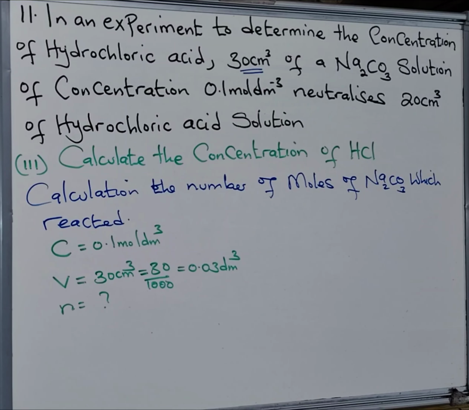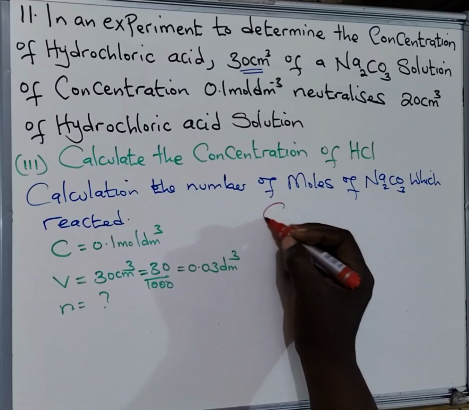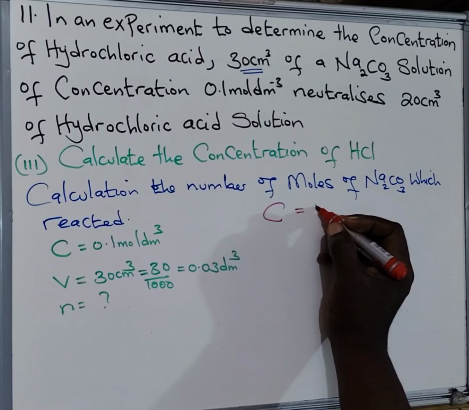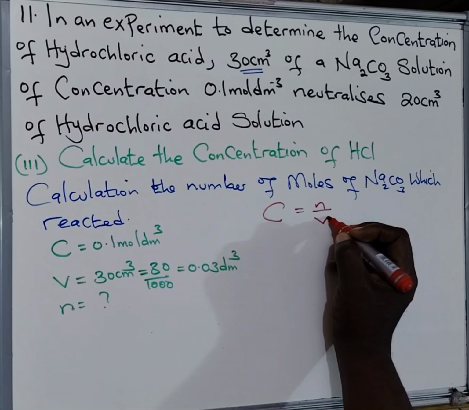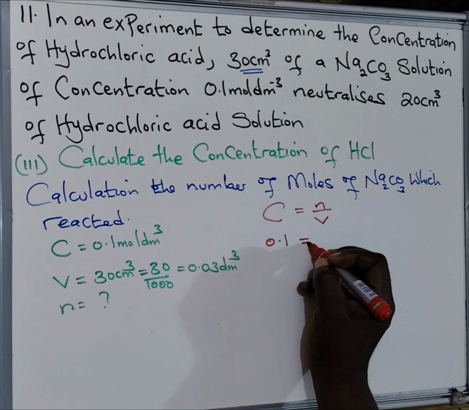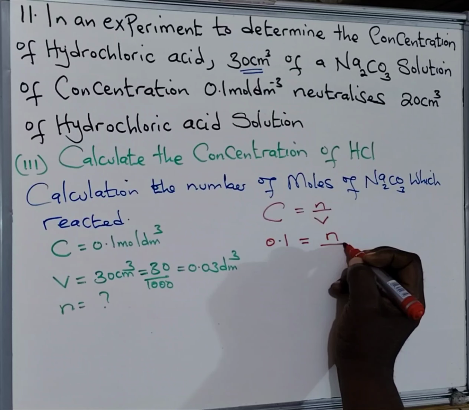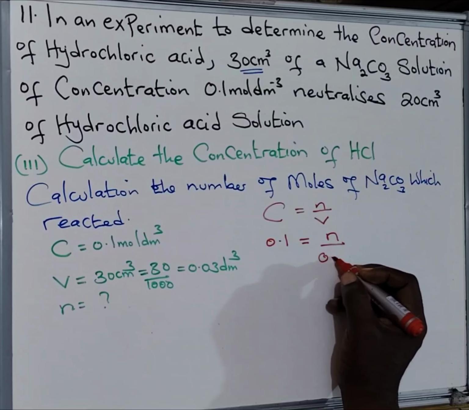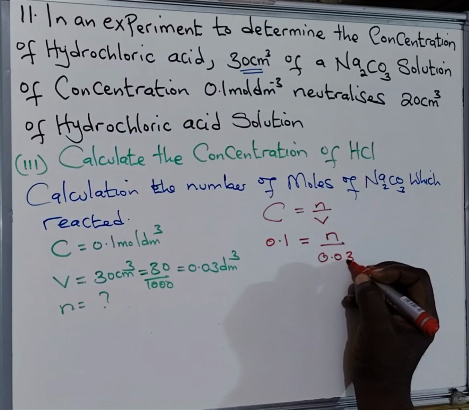The equation is C equals N over V. We know our C, which is 0.1. Our N is wanted, and the volume is known, which is 0.03.